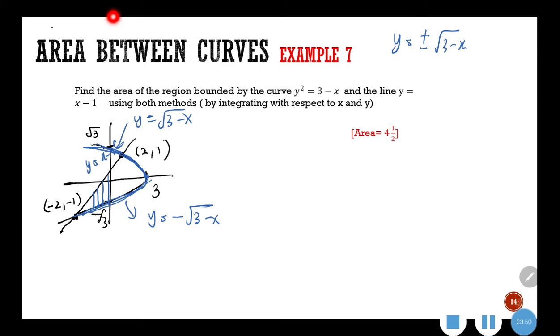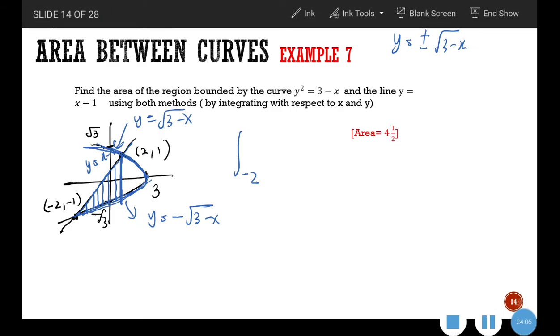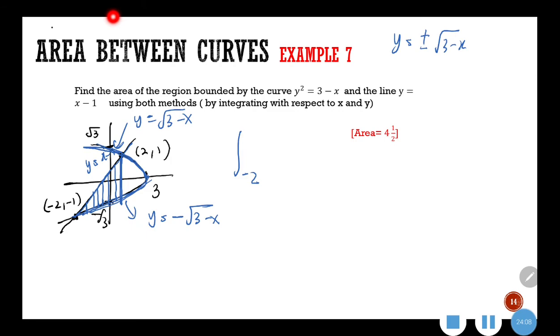So for this region, you have to divide into two parts. Sorry, I mixed that up. This is x equals negative 1, y equals negative 2. So from x equals negative 1 to x equals 2.